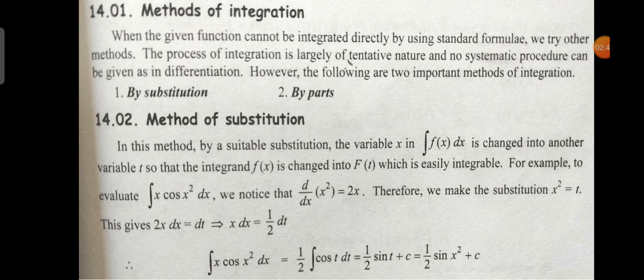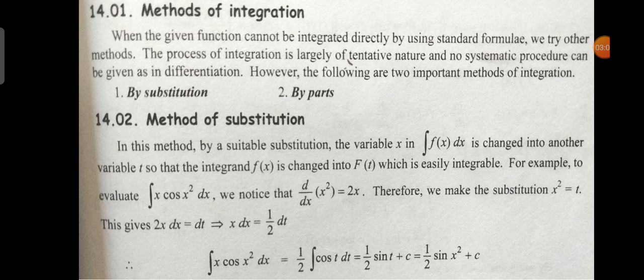Then dt by dx is 2x, so x dx is 1 by 2 dt.